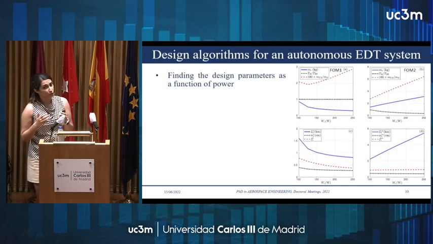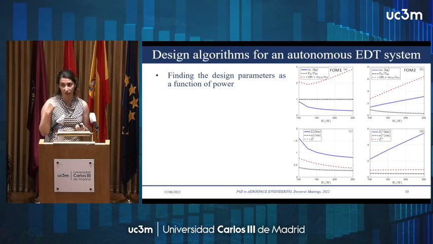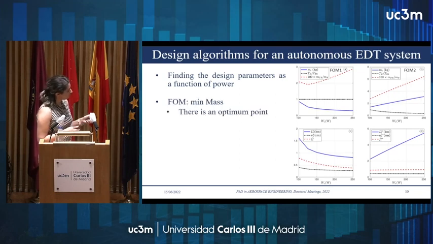In the case of a fully autonomous system, where the power is unknown and is a design parameter, we solve those three equations for different values of power, and we find the design parameters and performance indexes as a function of power. So for the minimum mass, it shows that there is an optimum point where the mass ratio of the system to the satellite mass exhibits a minimum.